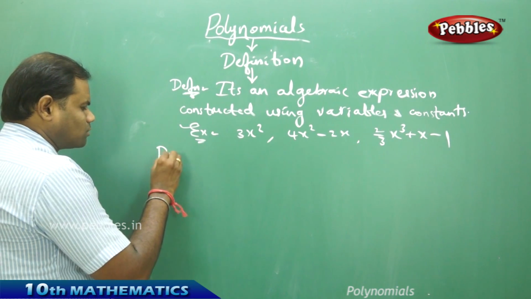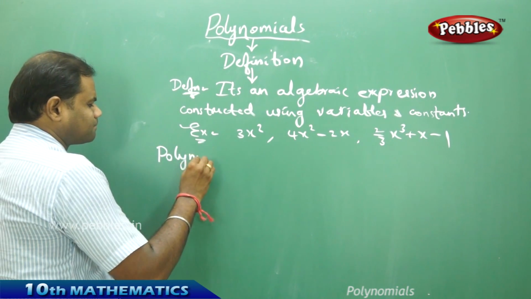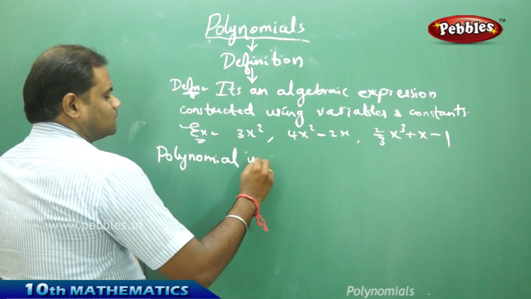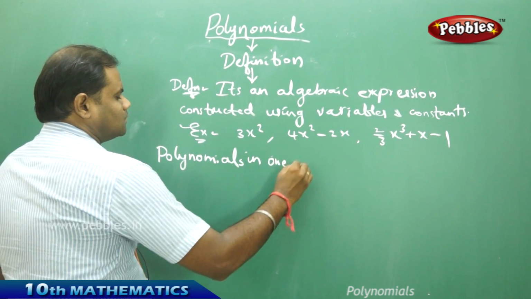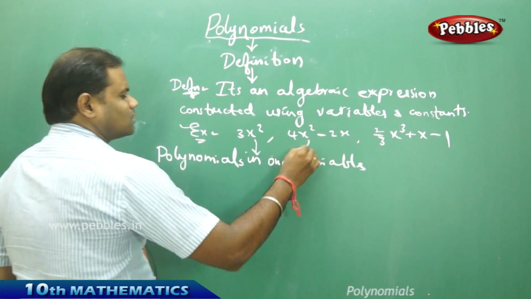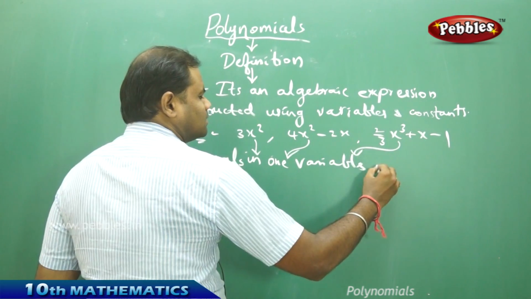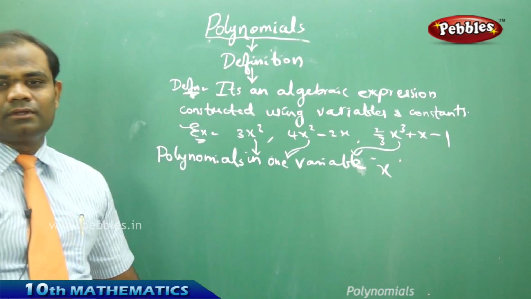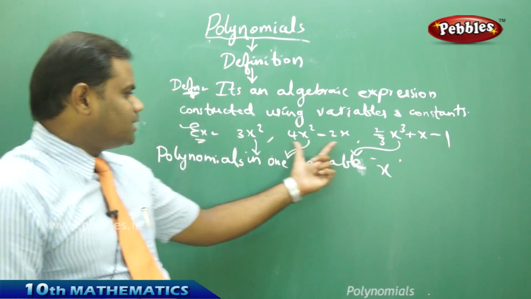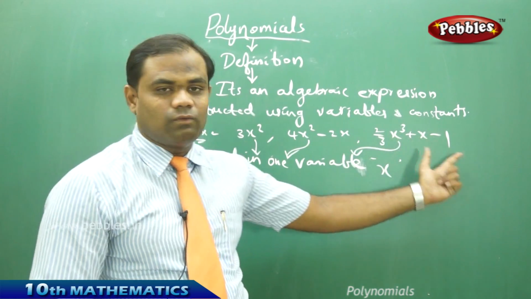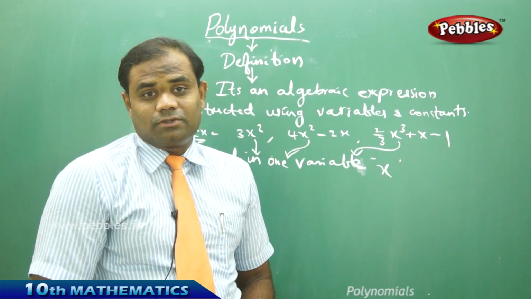These are all polynomials in one variable, that is x. We call these polynomials in one variable x because you identify only one unknown, which is the variable.